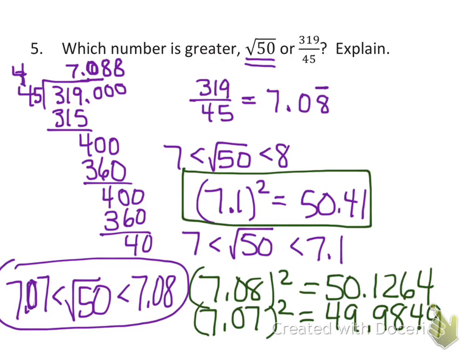So now I have enough information because I know that 7.088888 is greater than this number. So now I know that the square root of 50, hopefully you can see this down there, is less than 319 over 45.